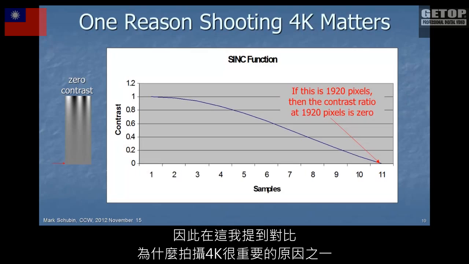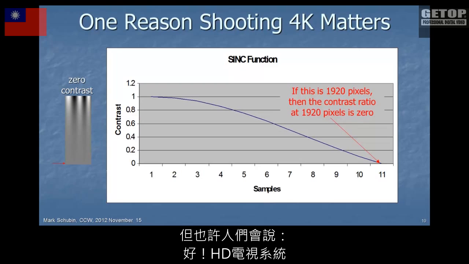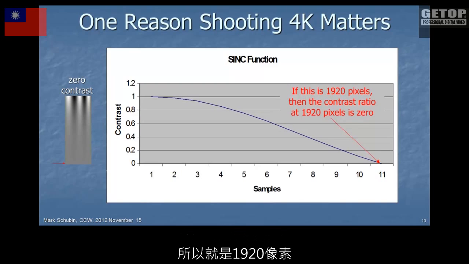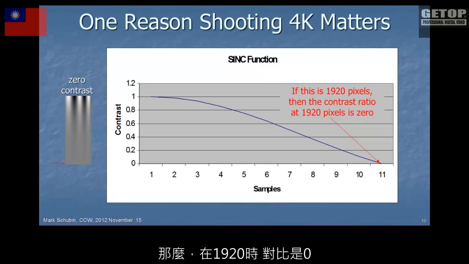So I mentioned contrast. Here's one reason why shooting 4K might matter. Let's say we have some camera system, some lens system. I'm not defining it, but people might say, okay, it's an HD TV system, so it goes out to 1920 pixels. Well, if this number 11 over here, just an arbitrary number, is 1920 pixels, then the contrast at 1920 pixels is 0.